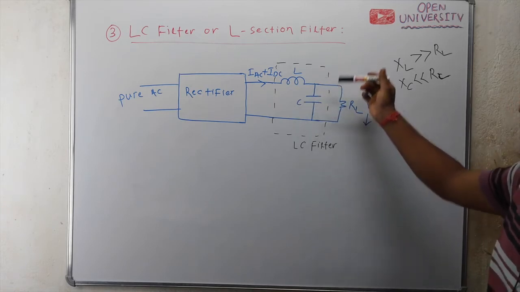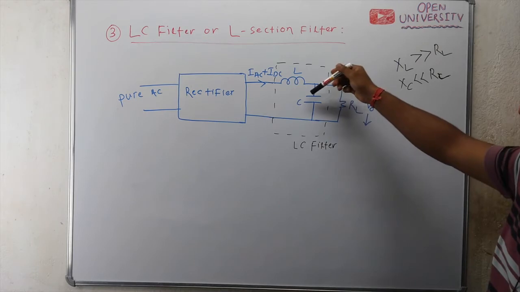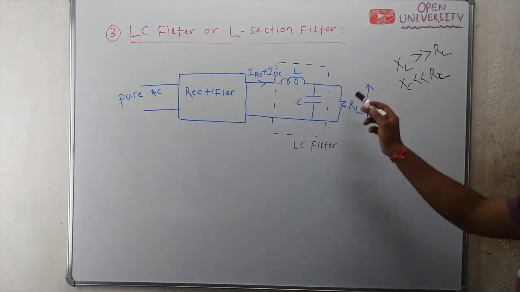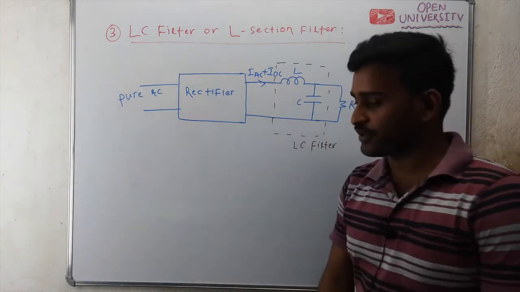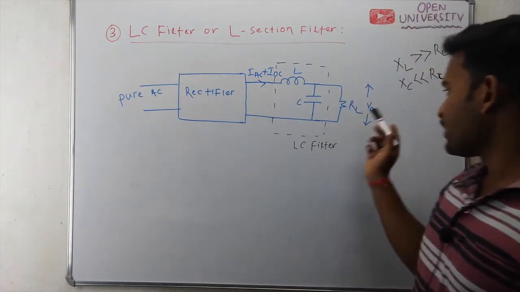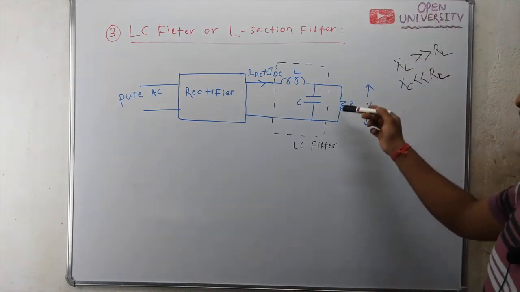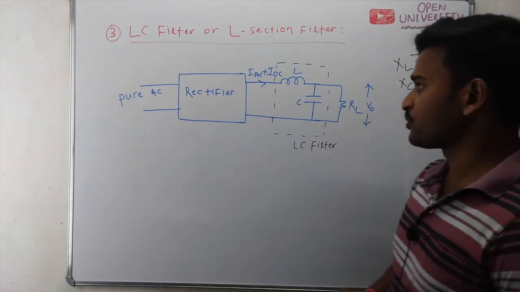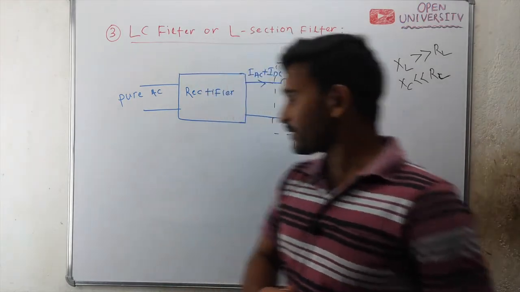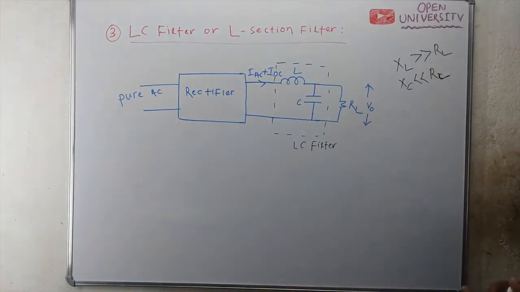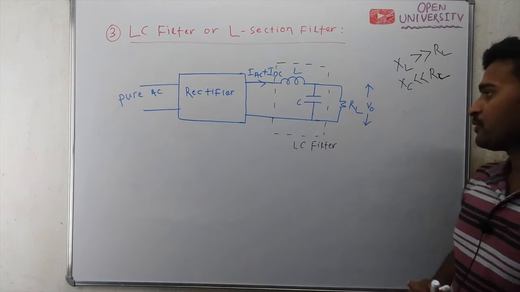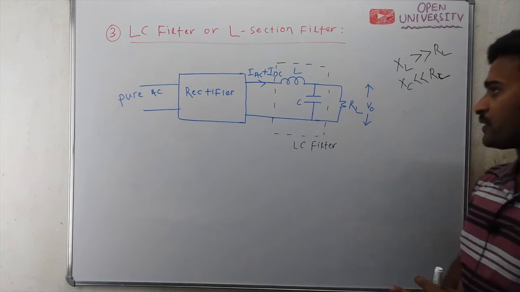Then the remaining AC component will pass through the capacitor and in the load there will be a very negligible amount of AC component. So in the output you will get a little amount of AC component and DC component. It cannot be completely removed.